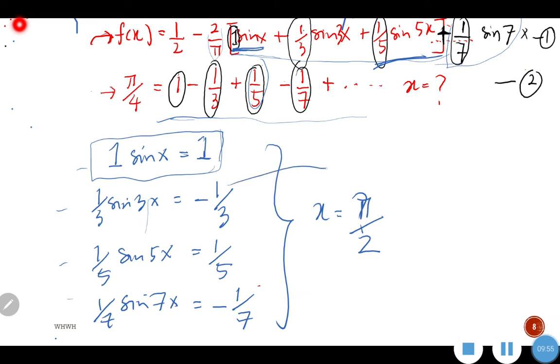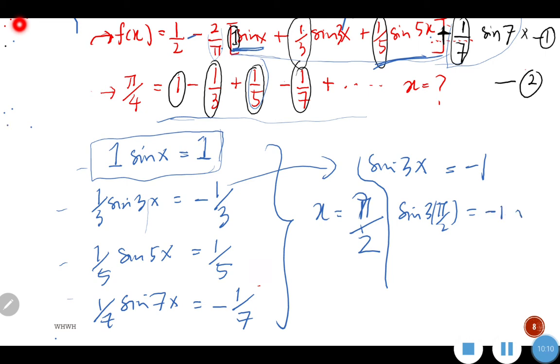Okay, let's try. Sin 3x is equals to negative 1. So it will satisfy or not kalau kita gantikan x ni dengan pi over 2. So sin 3 pi over 2, is it equals to negative 1? Yes. Sin 3 pi over 2 ni sin 270 darjah, so it is equals to negative 1.